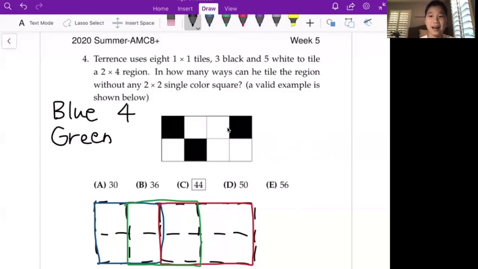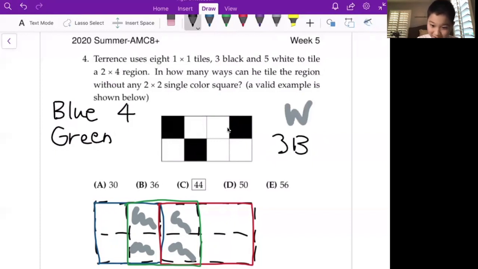Again, you want to tile the green with all white. So let's do that. Now, the other 4 spaces, there's again 1 white because you used 4 of them, and 3 black. So there's also 4 ways. You can put the white anywhere, and then the 3 blacks have to be on the other 3 positions, so 4.